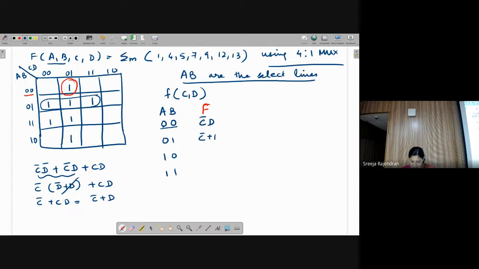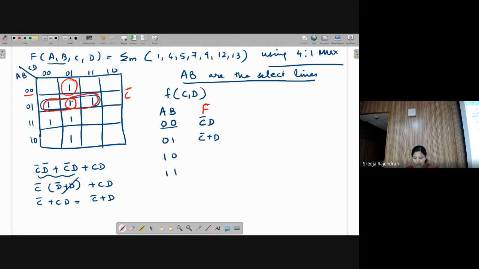C bar plus D. Actually, looking at the truth table also, you can say this. How you say this from the truth table is that if you look at these two cases, what is not changing? In the first two columns, C is not changing, and C is C bar. So C bar. And if I look in the next two, what is not changing?